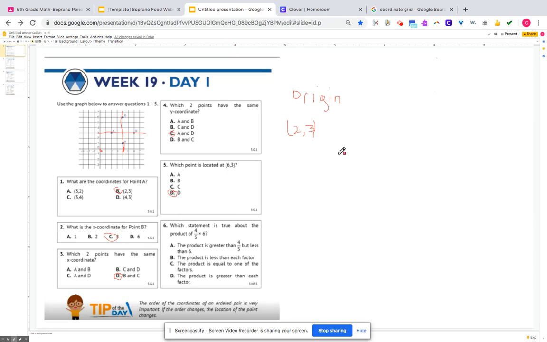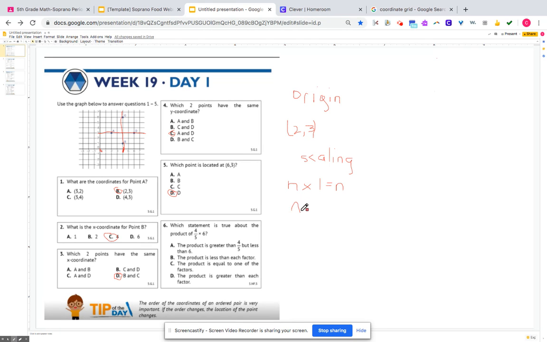Now, number 6 is a review question, and this is a scaling question. If you recall earlier this year, we learned about scaling. And scaling means that if you multiply, say, n times 1, the answer is always the same.